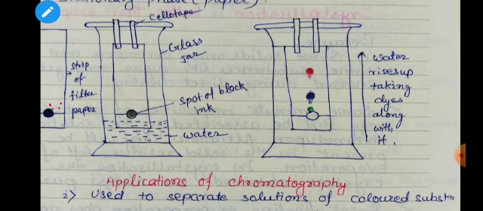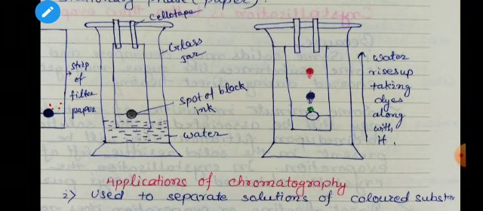Now suspend the strip in a jar containing a small amount of water so that the end of the strip, which has been marked, is dipped in water to a length of about 0.5 to 1 centimeter, and allow the strip to stand undisturbed in the jar for about 20 to 30 minutes. Due to capillary action, water will rise upward.